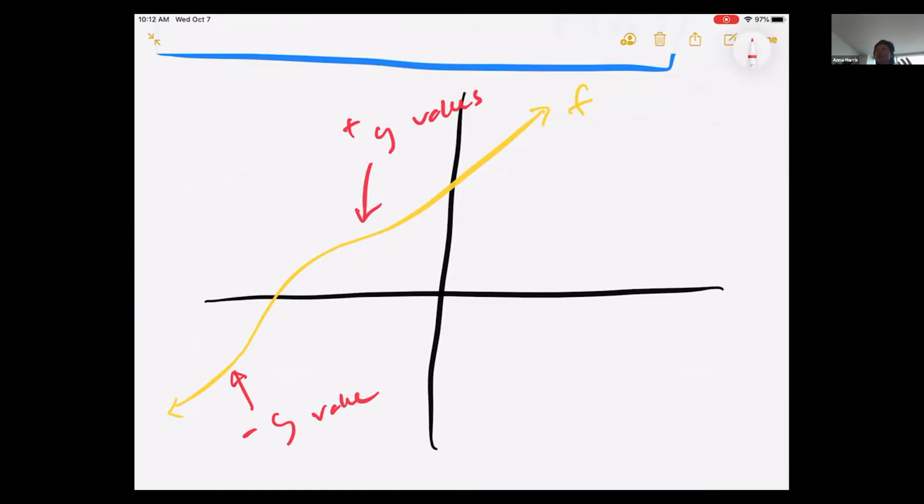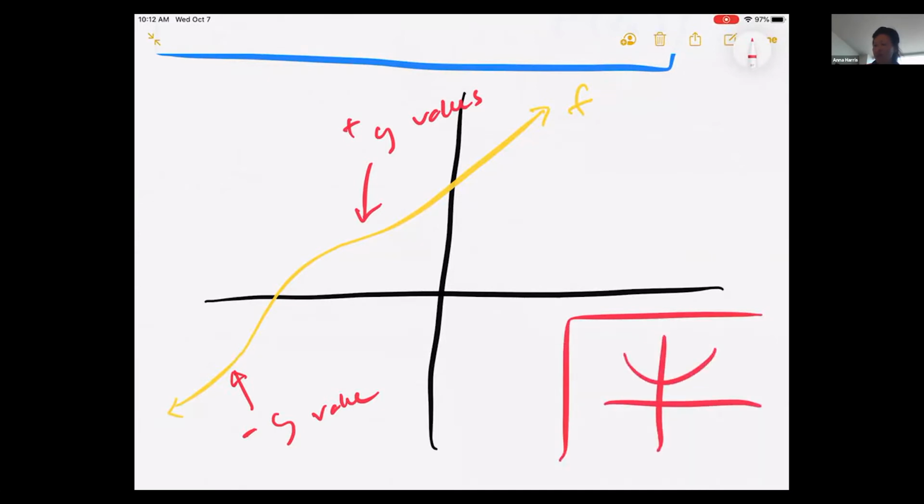So Newton's method does not work if your graph looks like this, for example, here. If your graph looks like that, Newton's method does not work, because this equation, x squared plus 4, does not go through the x-axis, so there's no solution.